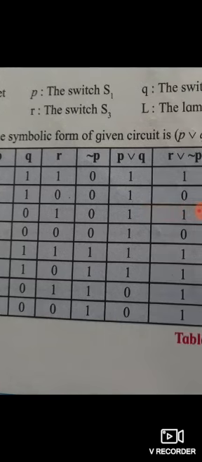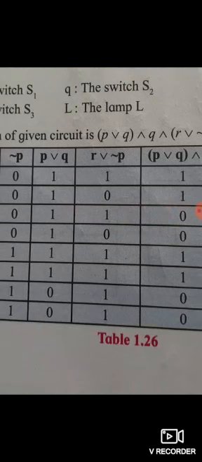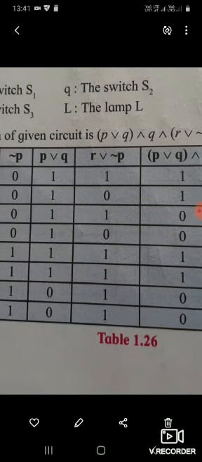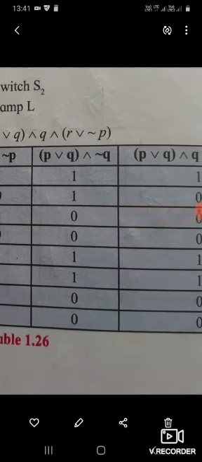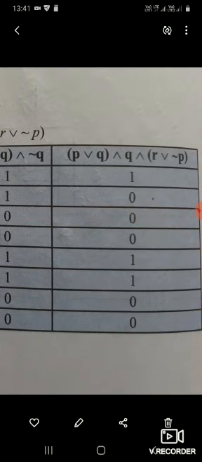So for all the cases, first P or Q, R, and R and negation of P. Using the same one, 1 means it is a successful connection. Let us see some sums over here.